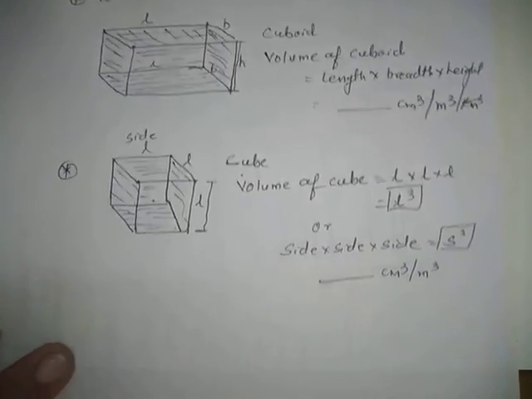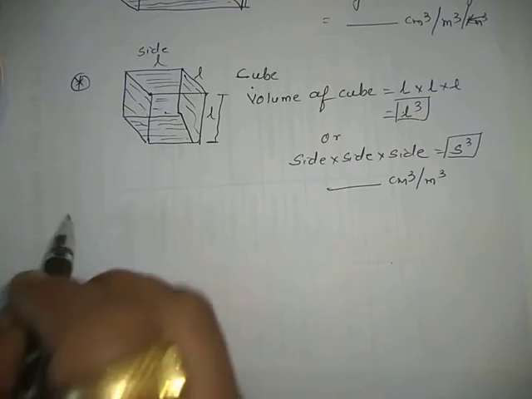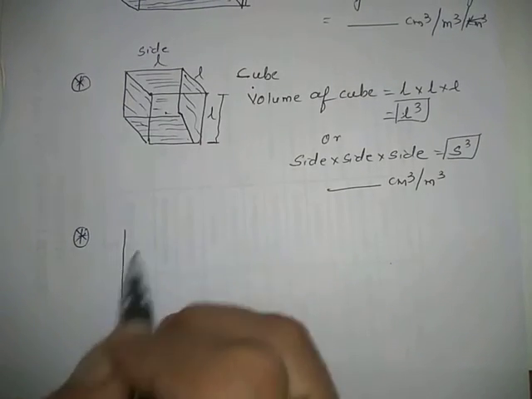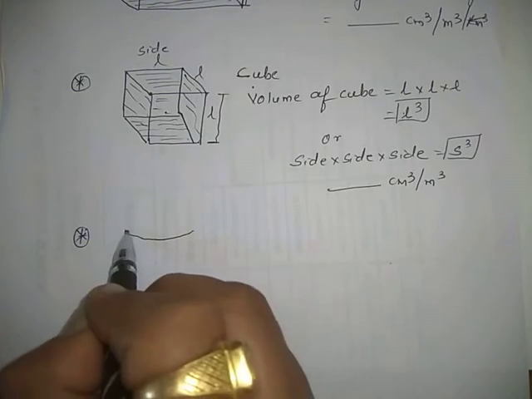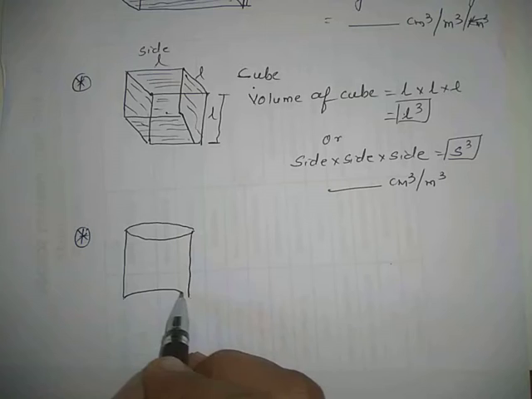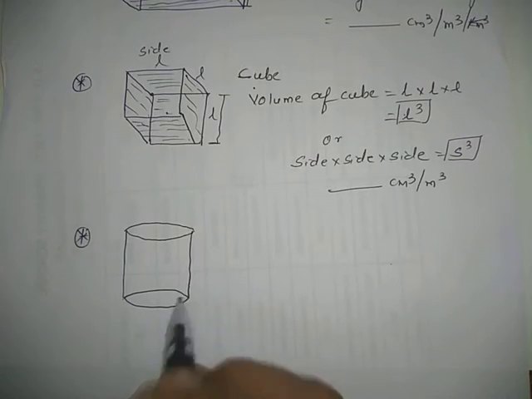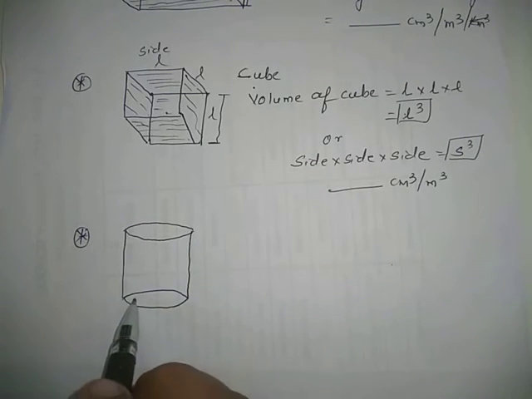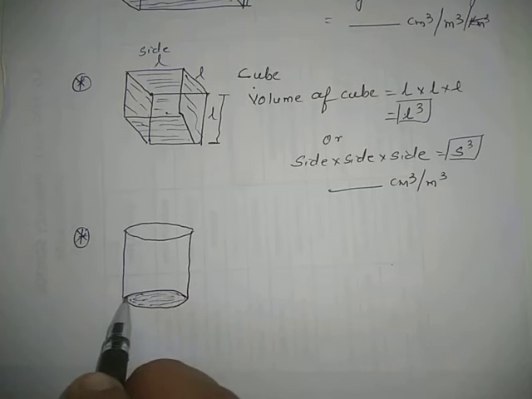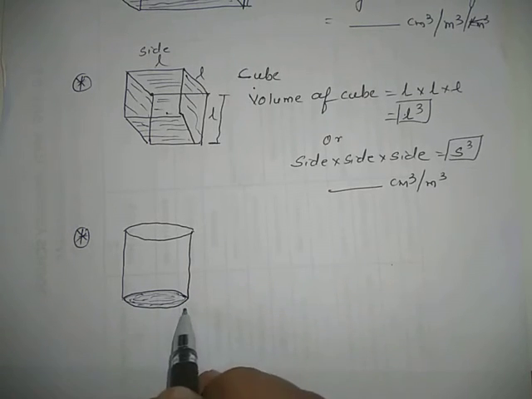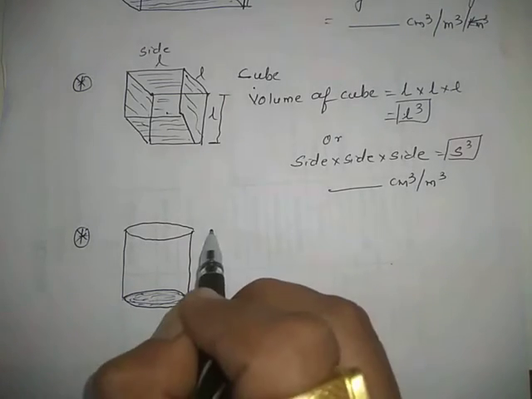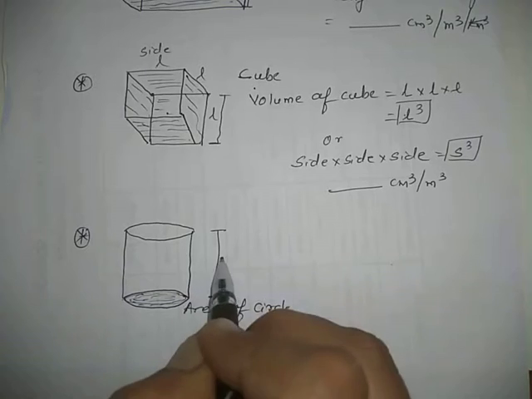Now cylindrical vessel also. So in a cylindrical vessel, if you want to fill the water, okay, so this is a figure of cylinder, and now we want to fill water from this much area. It will cover this much area. So area of circle, that is up to how much? This much height.